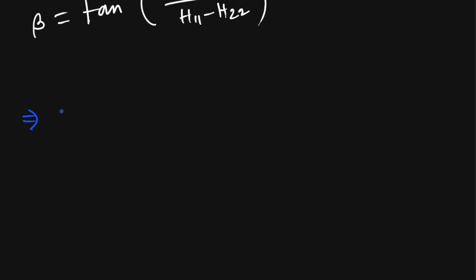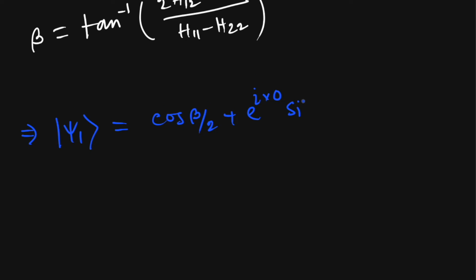That means one state, suppose ψ1, an eigenstate of that Hamiltonian, is equal to cos(β/2)|+> plus e^{i·0} sin(β/2)|−>.